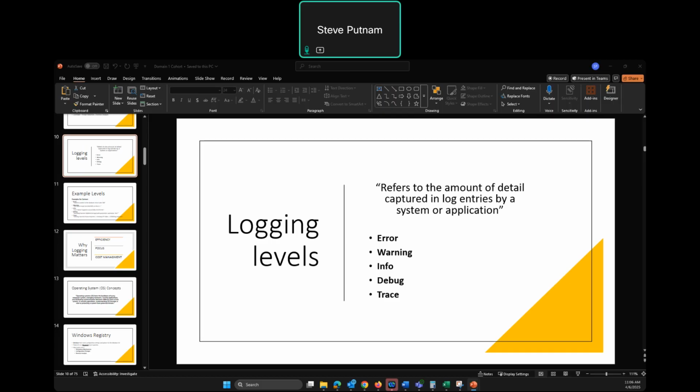Debug is primarily used by developers for troubleshooting things like function calls and variable states. It's typically used during the development or testing phases, and it's not normally turned on all the time. Trace is the most granular logging level, capturing step-by-step execution details used for deep diagnostics and identifying intricate issues. So that gets really deep into it.